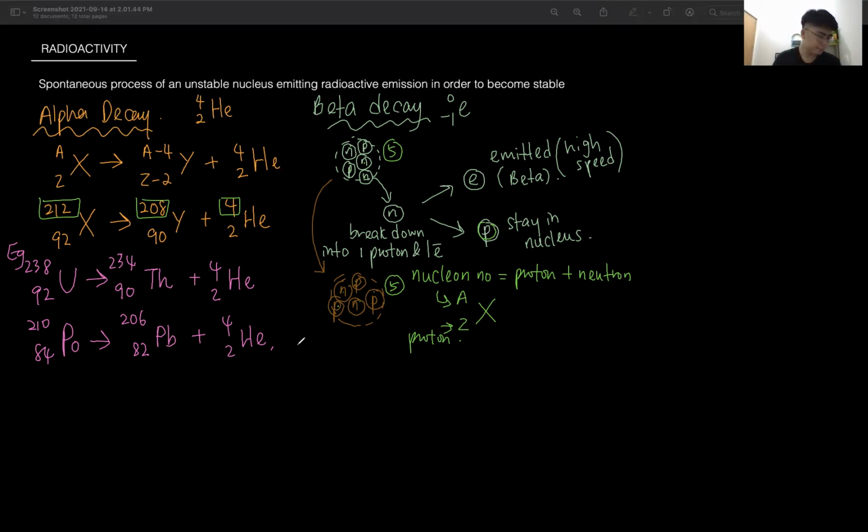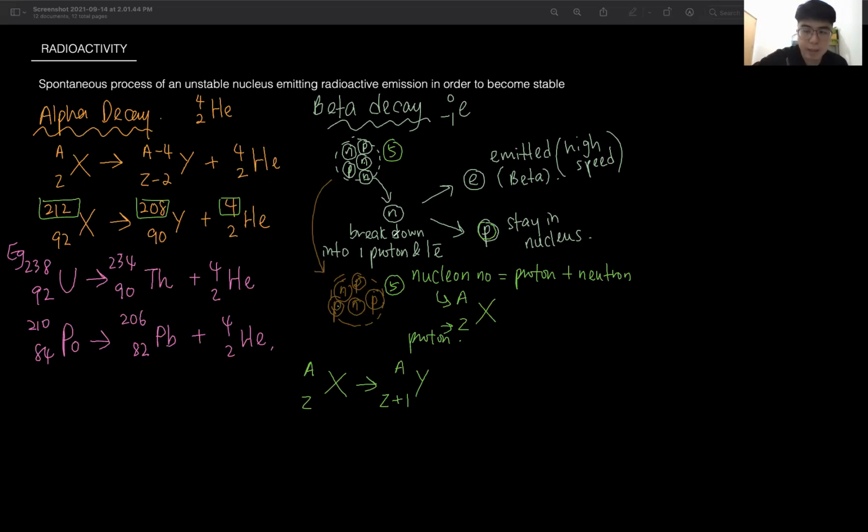So this means I can write the equation. We start with X, with A and Z, undergoing beta decay into Y. We get a different element, but the A is the same, A, but this Z, guess what? We plus 1. Why is it plus 1? This is the proton number, right?